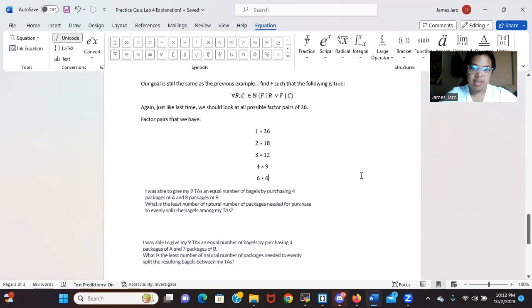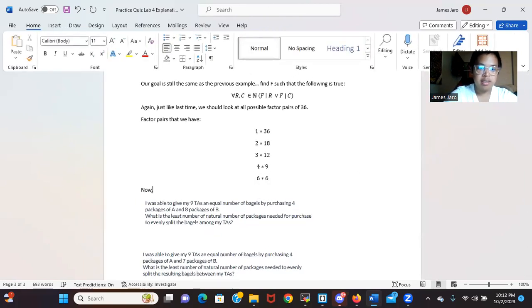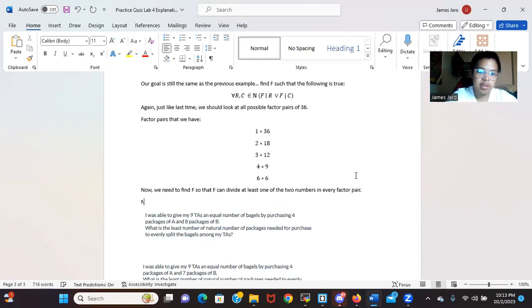And so again, now we need to find F so that F can divide at least one of the two numbers in every factor pair. And if you notice the highest numbers in each factor pair, that's going to be 36, 18, 12, 9, and 6.